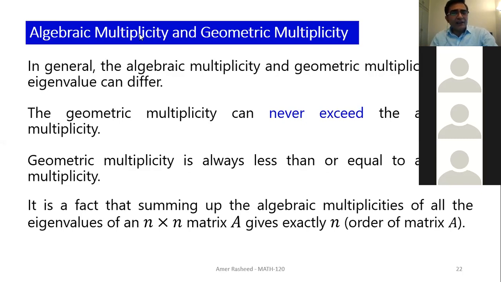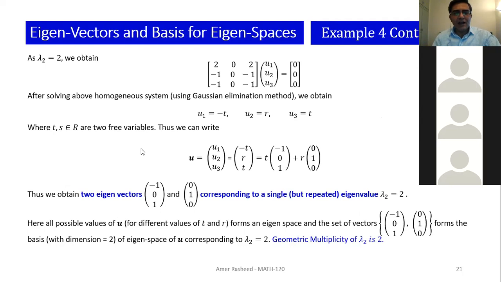The question is why geometric multiplicity cannot exceed algebraic multiplicity. It's a theorem. We have proved it. On this slide, I have just written some of the major points which we need to remember. In the previous example, the algebraic multiplicity of lambda 2 is 2.